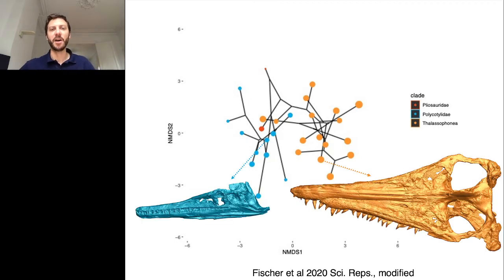Because we have a zone with many orange dots, which is where we find the large pliosaurids that we find from the Middle Jurassic to the early late Cretaceous. And then you have another zone where you have lots of blue dots, where you have the polycotylids.